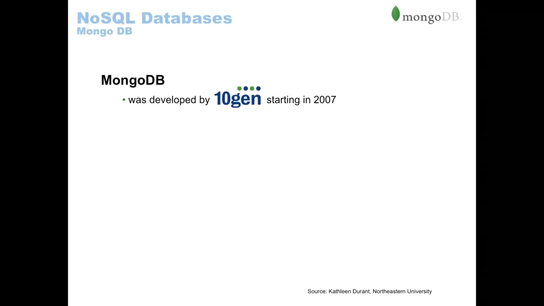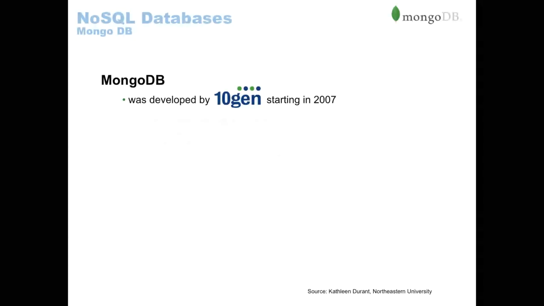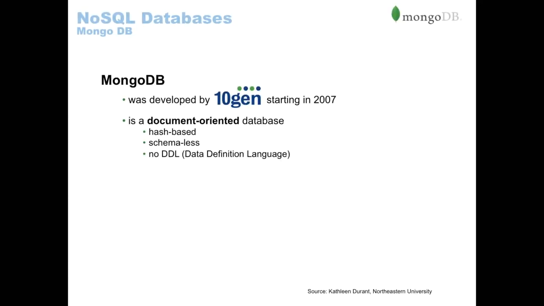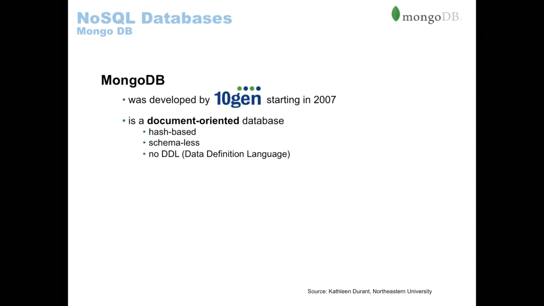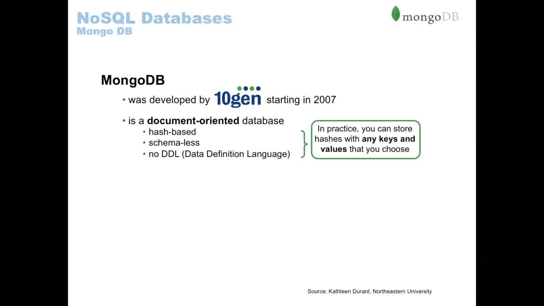MongoDB was developed by a company called Tengen, starting in 2007. It is a document-oriented database. It's hash-based, it's schemaless. There is no data definition language for MongoDB. In practice, this means you can store hashes with any keys or values that you choose.